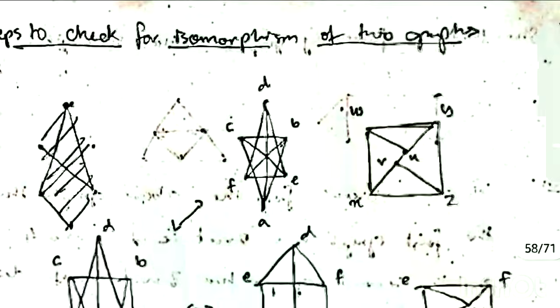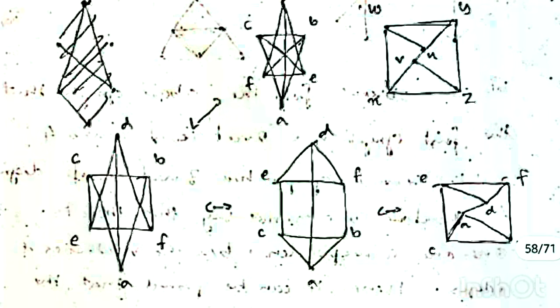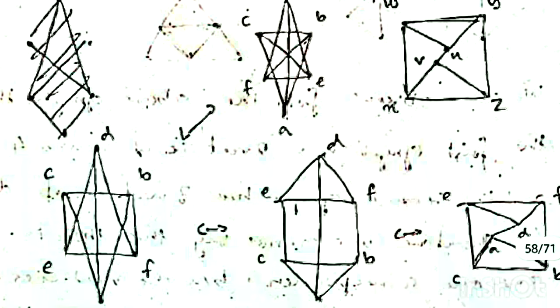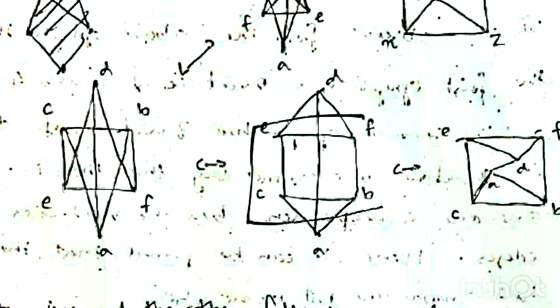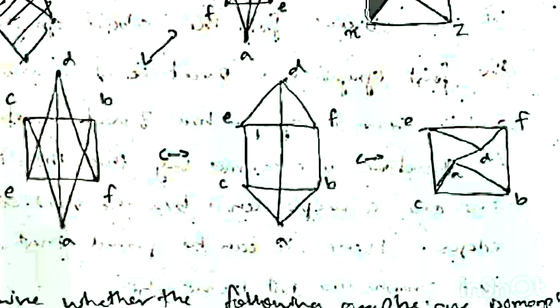So the first step you can do is expand this. See here, take this F here and take this E here. When you take F and E here, the graph will be in this way. After that, take C and B downwards and E and F upwards, and you will get this graph. Now bring D here and A here, and you will get the graph in this way.